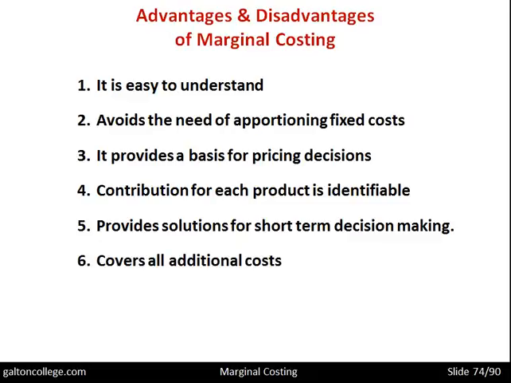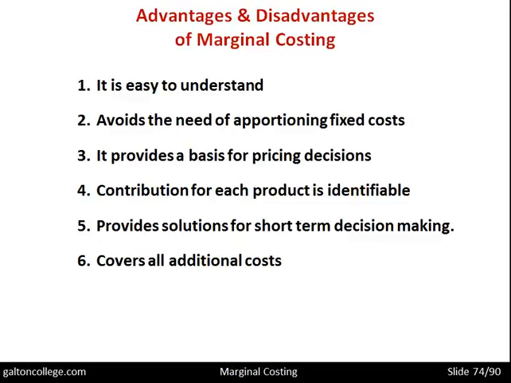It covers all additional costs, because once the contribution is coming in, once it's selling and making that contribution towards the fixed overheads, then all of the additional costs are covered. So the business knows what its overall costs are.